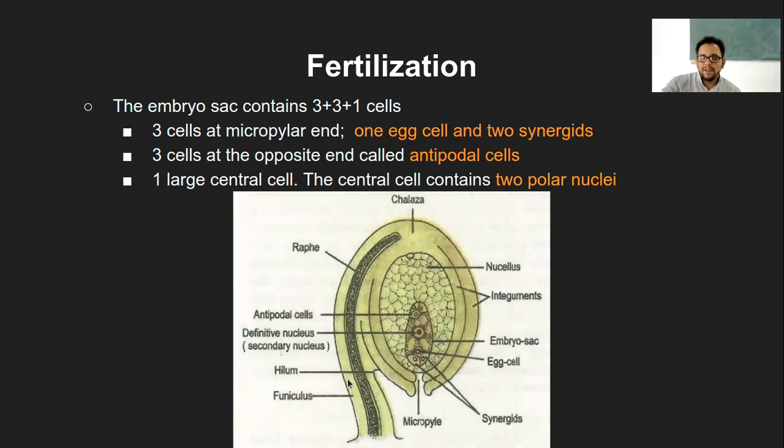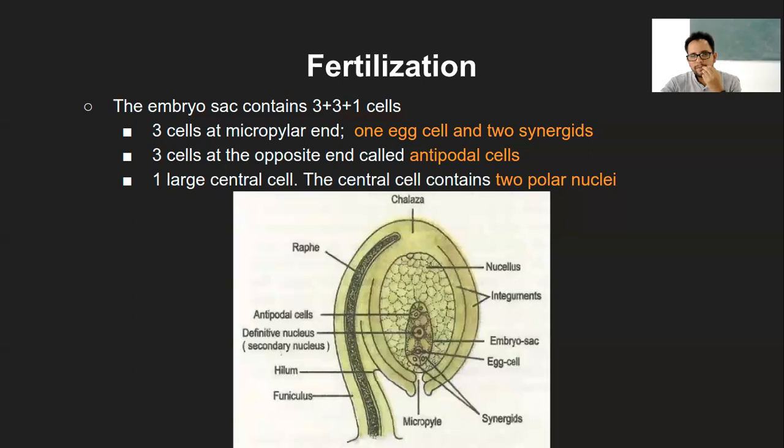So that is the raphe, the funiculus, which is the extension of the ovule for holding into the ovary structure, and the hilum is nothing but the joint between the funicle and the ovule. For example, if the whole of my palm is the ovule, and this is the placenta or the funicle which is attached to the ovary, this junction is called the hilum. So these are the different structures in the ovule.